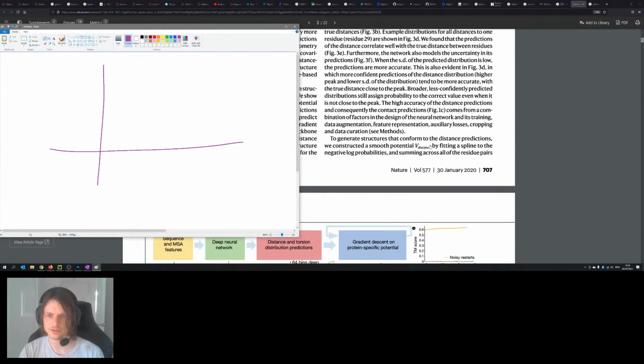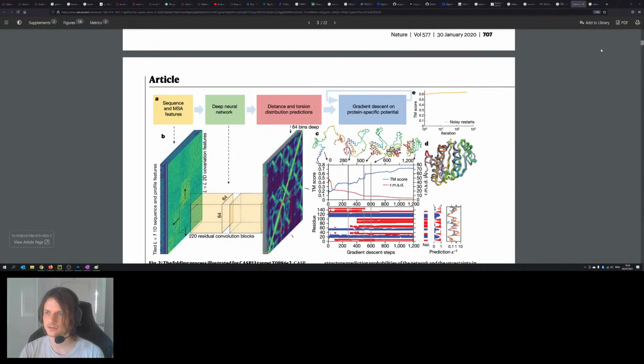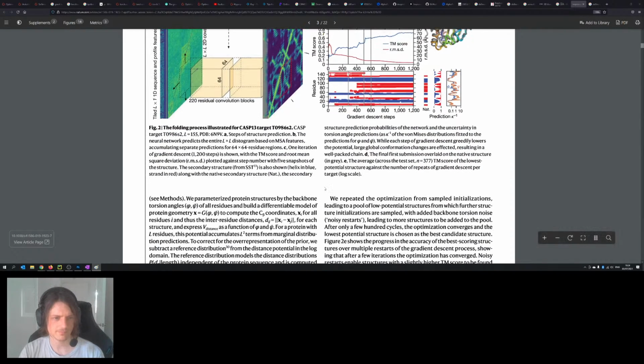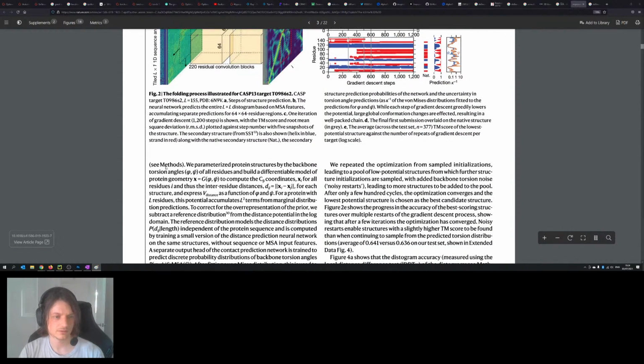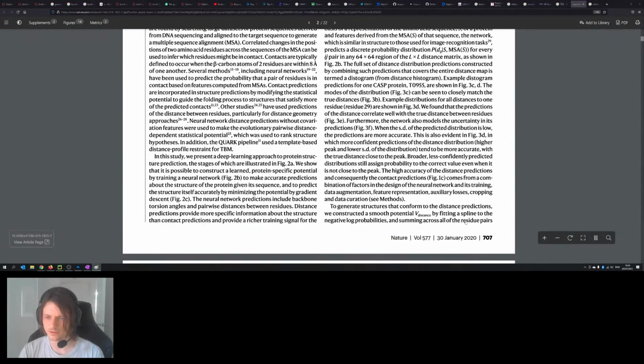Wait, so it doesn't denote it here. Just move that over here for a second. See methods. We parameterize protein structure. So they've got the sum of all the residue pairs.